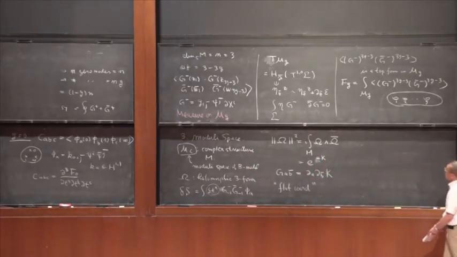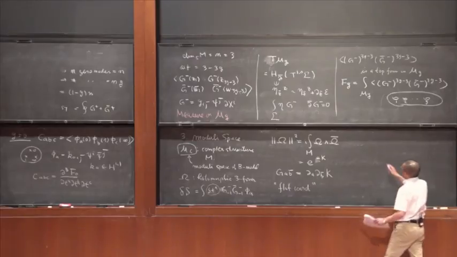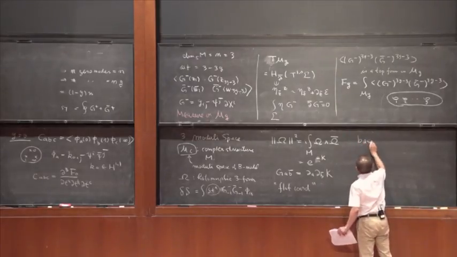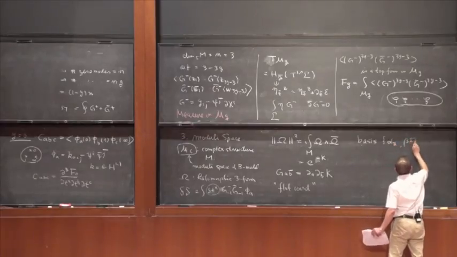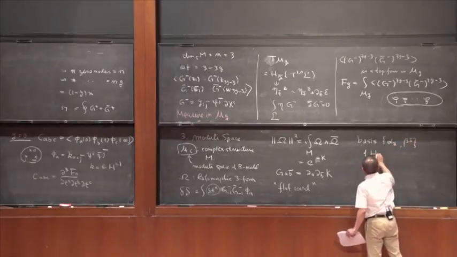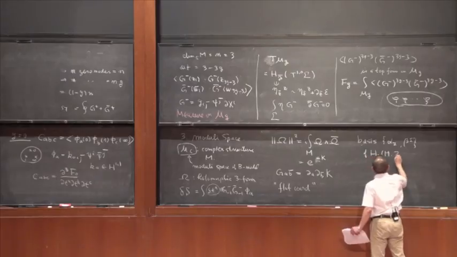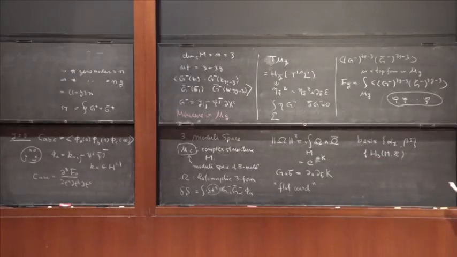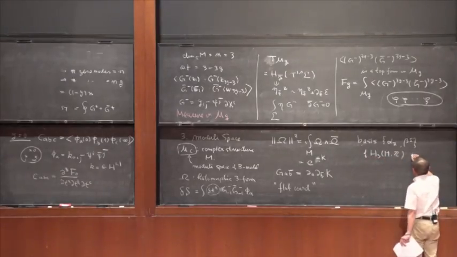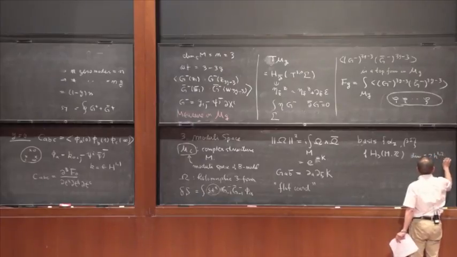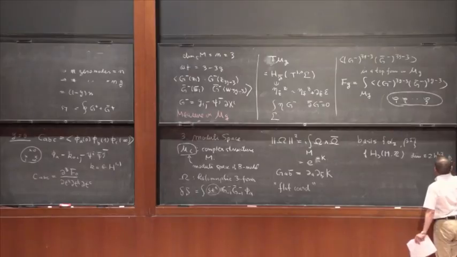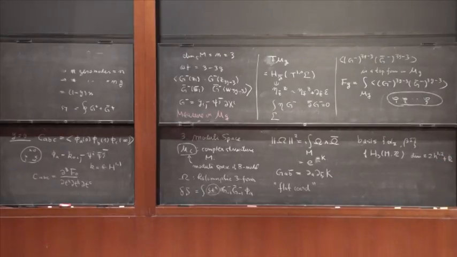So to do that, I'm going to choose a basis alpha_I, beta^I of H3 of the Calabi-Yau target space. And the dimension of this space is 2h^{2,1} plus 2. This also appeared in the talk by Martin.